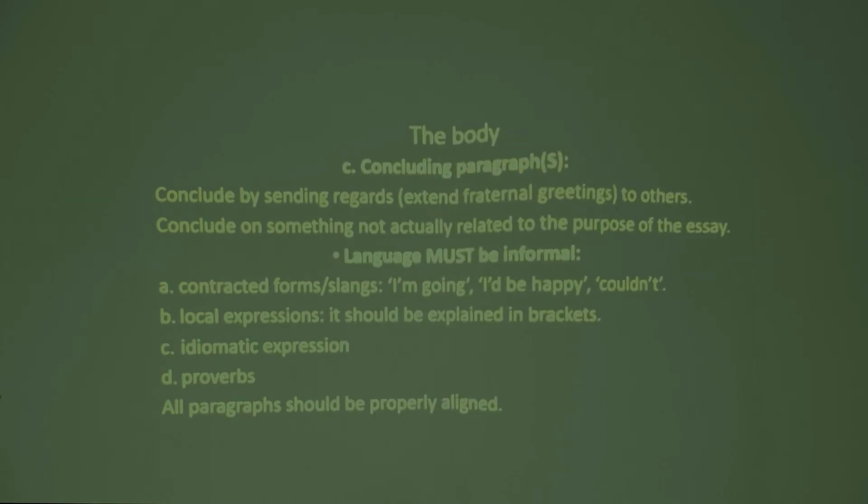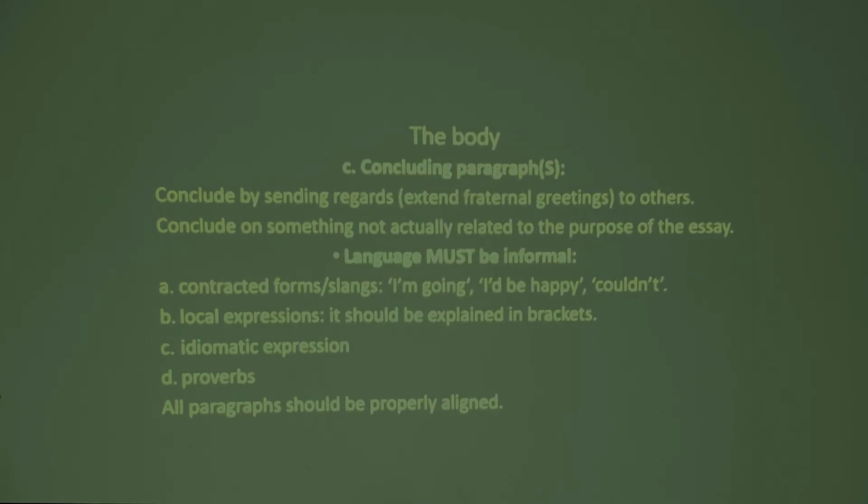Now let's look at, so we finished with, the last aspect is what? Subscription. We are now looking at subscription. Good. That's the last aspect. Any question? Take note of the language of our informal letter. This part is very, very important, the language. You can lose marks in an examination setting if you don't use the informal language, if you don't use these 4 aspects of informal language.